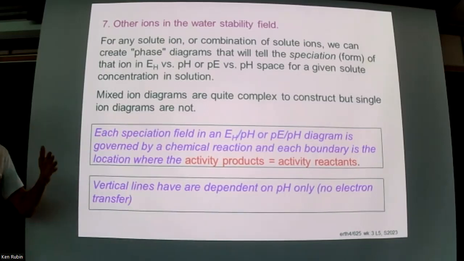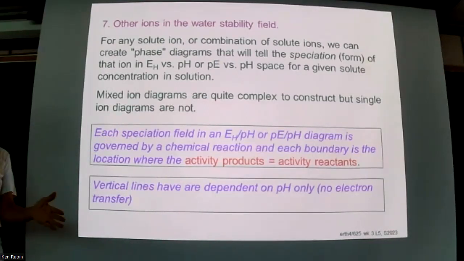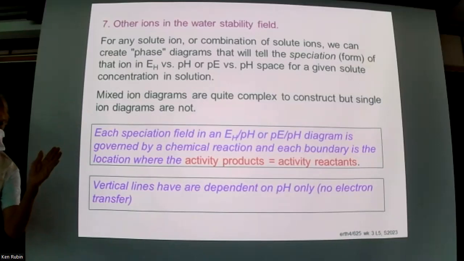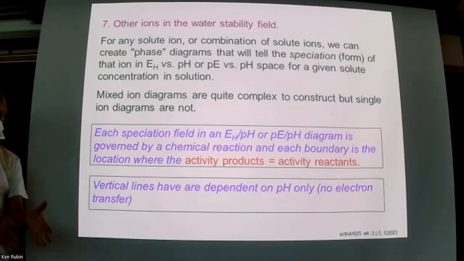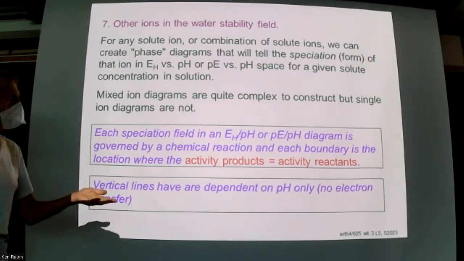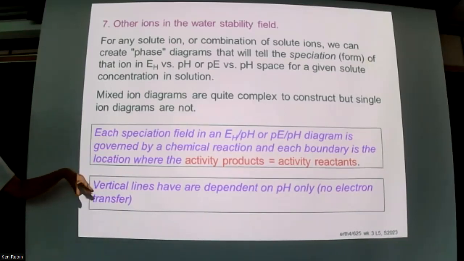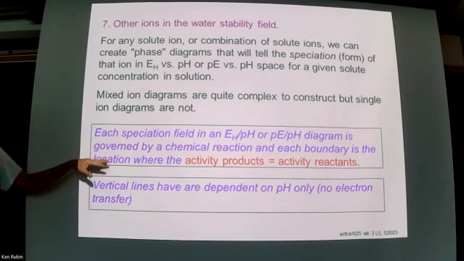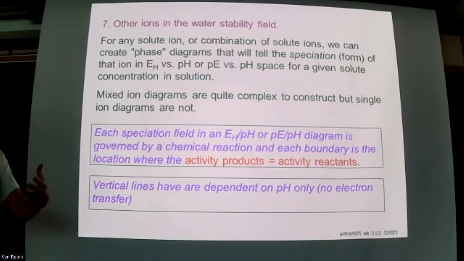The important thing to remember about lines on chemical phase diagrams is that when you're on the line, the concentrations of the things that are related by chemical equilibrium have equal activities. Activity is a slightly more sophisticated way of describing concentration. In cases where we have very unusual solutions, sometimes the activity or the apparent concentration is different than the real concentration.